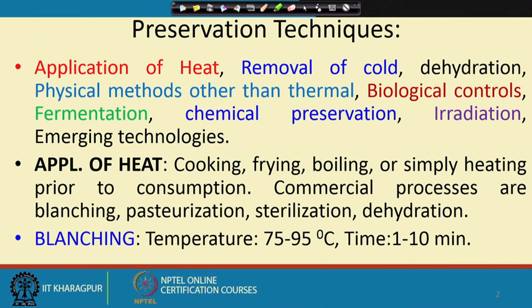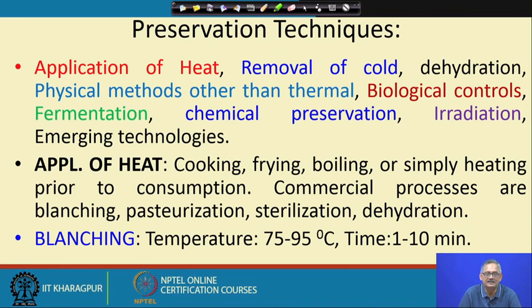So, the first thing which we commercially use is blanching. Blanching is done between 75 to 95 degrees centigrade for a time period of 1 to 10 minutes. Between 1 to 10 minutes we heat the product, again depending on the type of product, the size of the product, where it has come from, and what the initial condition of the microbial population is.